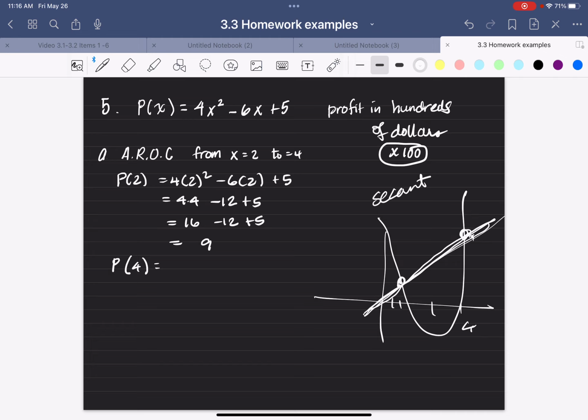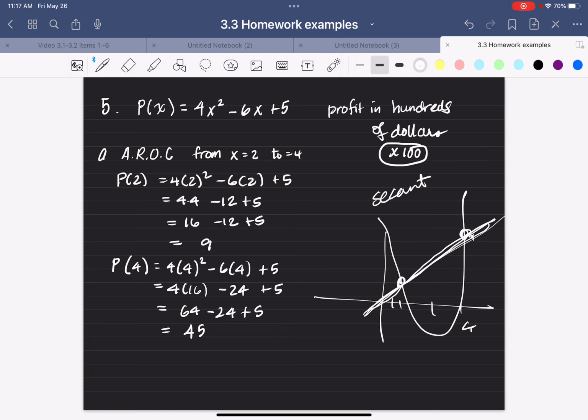That's 4 times 4 squared minus 6 times 4 plus 5. That's 4 times 16 minus 24 plus 5. 64 minus 24 is 40, plus 5 is 45.